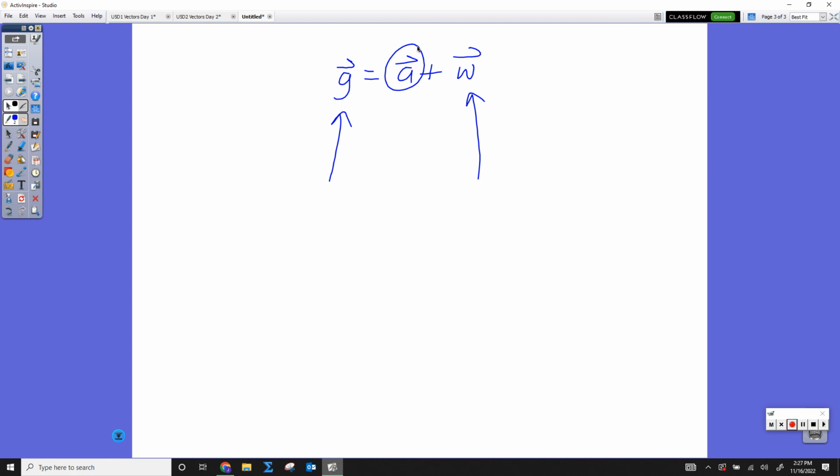Or otherwise I could say something like, I gave you the ground, the actual path that it's going, and here's the airspeed of the airplane. What does the wind have to be in order for all of that to match up? So you're just doing normal equations. If I gave you the ground and the air, in order to get the wind, it's just solving an equation.